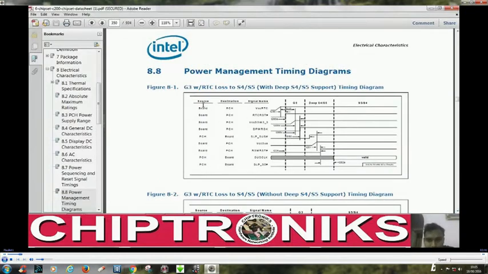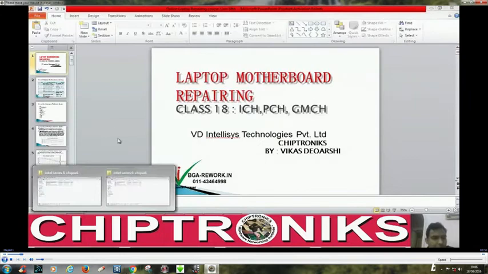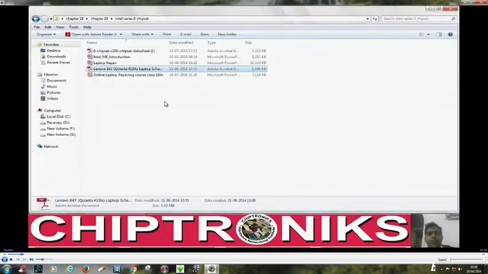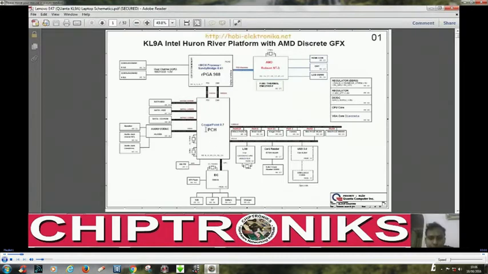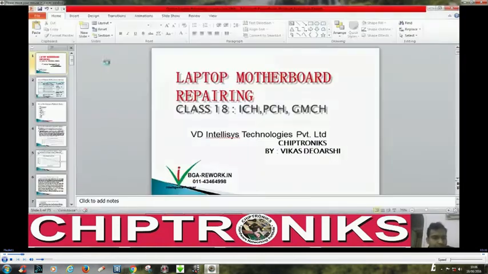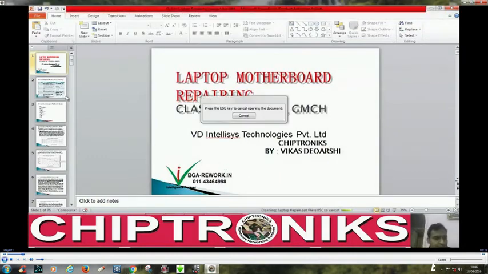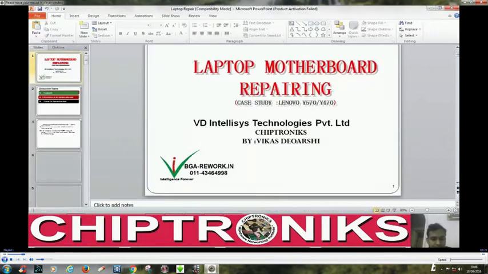Okay, so here you can see the power management timing diagram, and our reference board from the very beginning is the Intel Lenovo E47 board. Now, as you can see in this board, it is Cougar Point, and we can see in my PowerPoint presentation, what is Cougar Point? Cougar Point is the Intel Series 6 chipset, which I have already mentioned in this class.